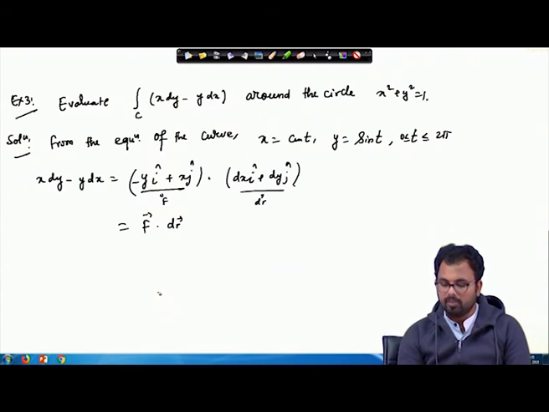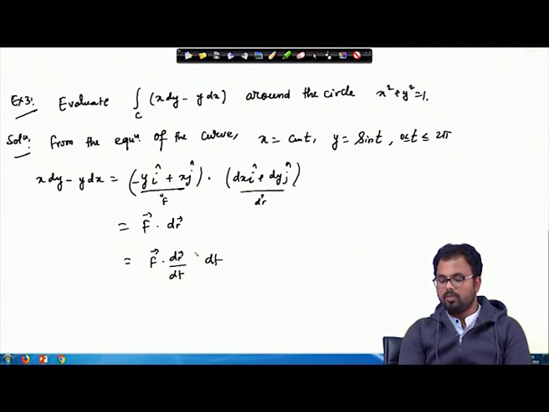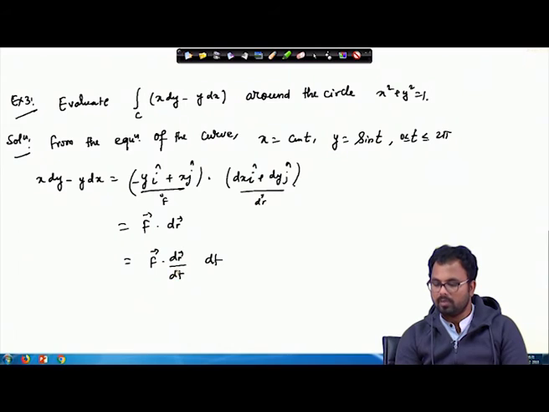And from here I can write f dot dr as f dot dr/dt times dt. This dr/dt can be calculated very easily.